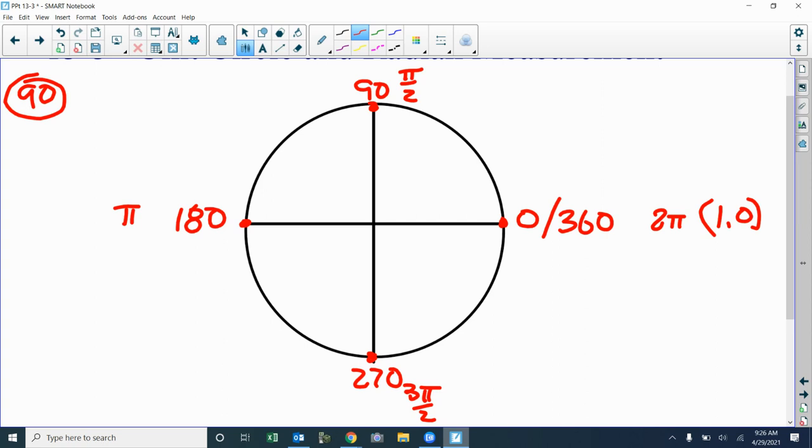Up here, what is it? My x is 0. My y is 1. Right? What am I getting over here? My x is -1. My y is 0. What am I getting down here? My x is 0. My y is -1.